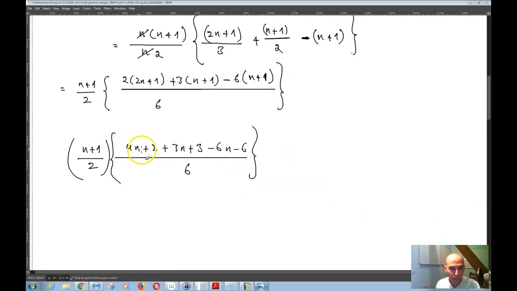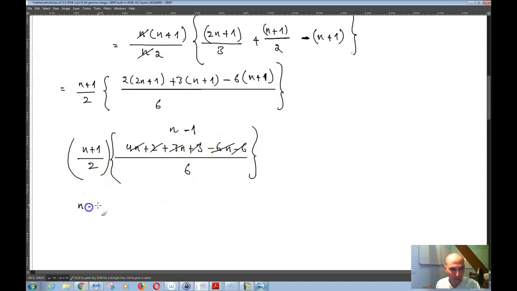Then you have 4n plus 3n minus 6n, and this is 7n minus 6n is equal to n. And you have 2 plus 3 is equal to 5, 5 minus 6 is negative 1. So that's n minus 1 divided by 6.